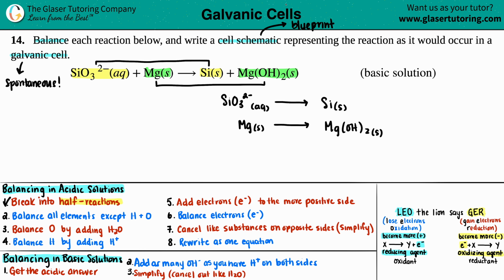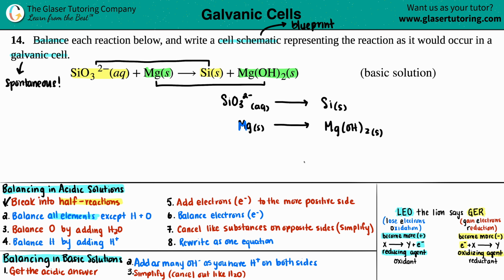The second step is we have to balance all elements except for hydrogen and oxygen. So I can't touch hydrogen and oxygen, but I can look at other elements. For example, I have 1 silicon on the left here and 1 silicon on the right. So that's already balanced. And for the bottom one, I already have 1 magnesium and 1 magnesium.